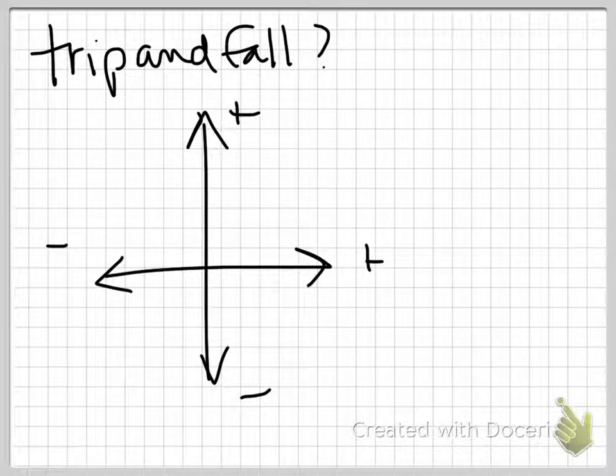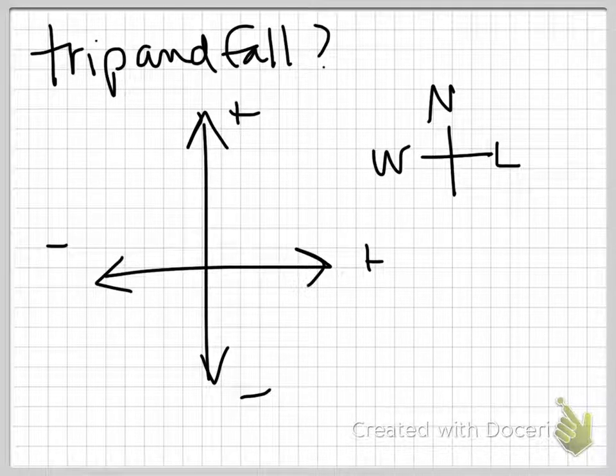The east and west thing, if we're slapping this onto the compass rose, of course, then west is negative, east is positive. Whatever right and left mean, you can apply those as you see fit. But just be consistent with that.